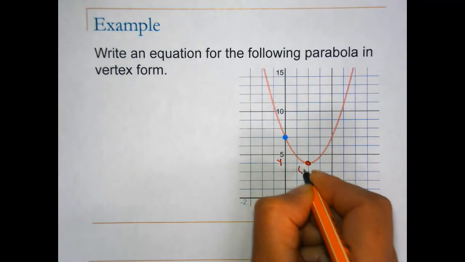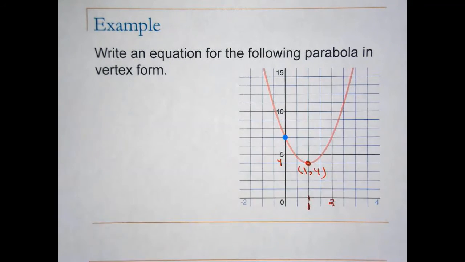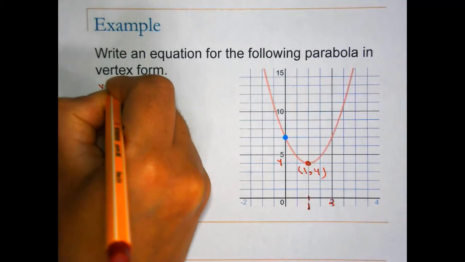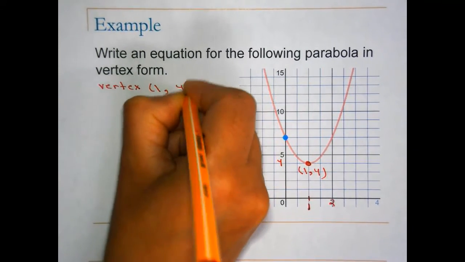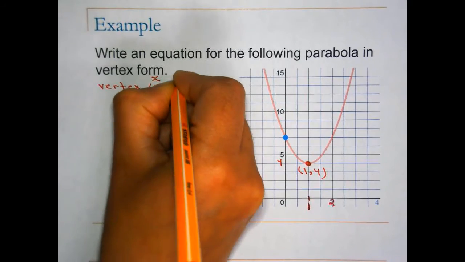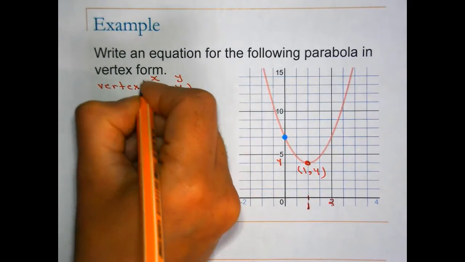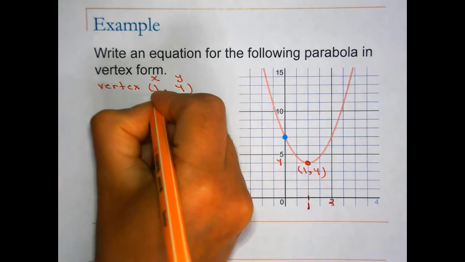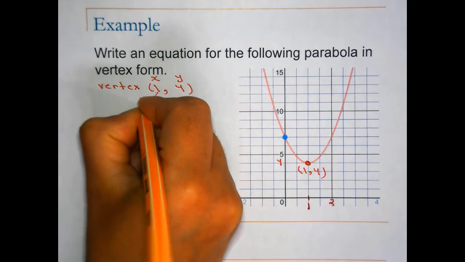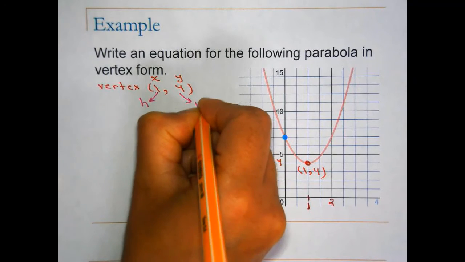That means the vertex is at 1 and 4. So first thing is to write the vertex, which is at 1 and 4. Remember, you first write the x, then you write the y, and then this is your h, and this is your k.